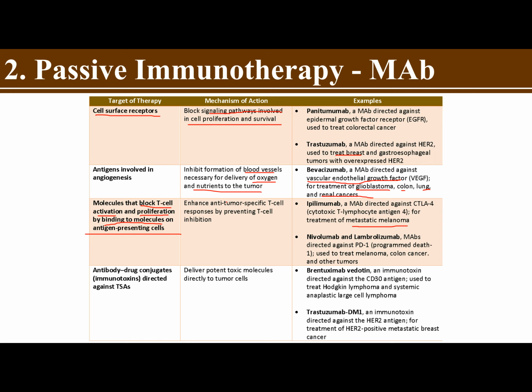Its target of therapy is antibody drug conjugates, immunotoxins directed against TSA. Mechanism of action class is delivery of potent toxic molecules directly to tumor cells. So please memorize all of this class. This may come out in your quiz and even in your exam.